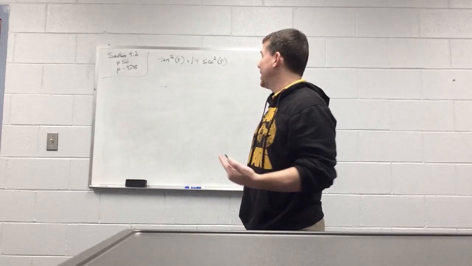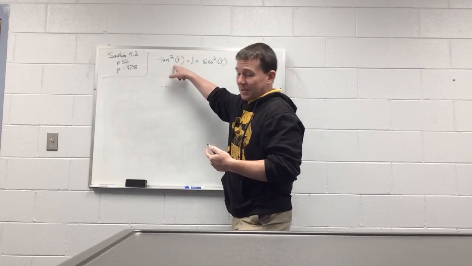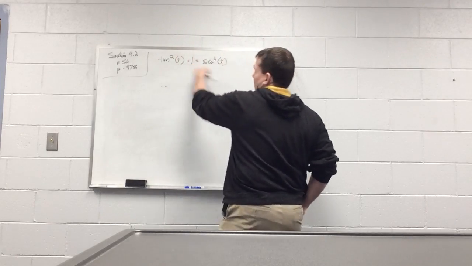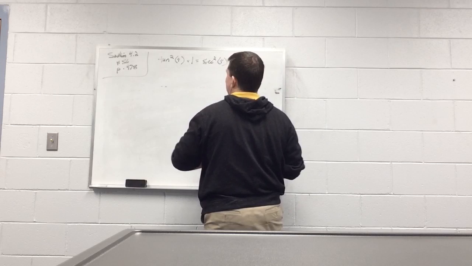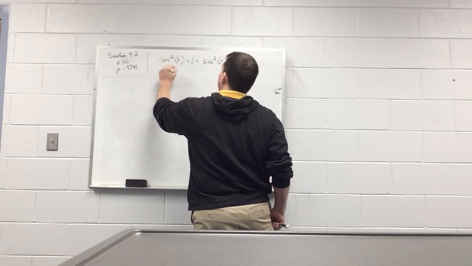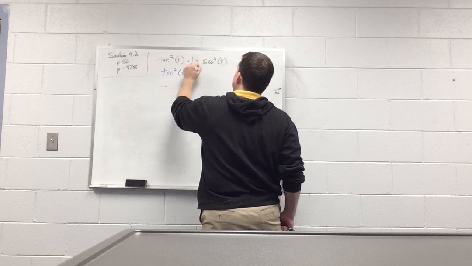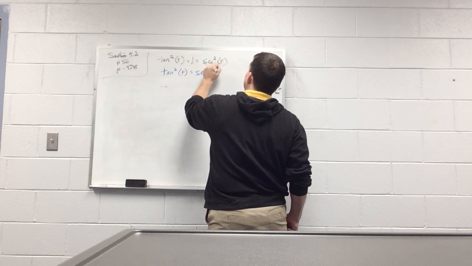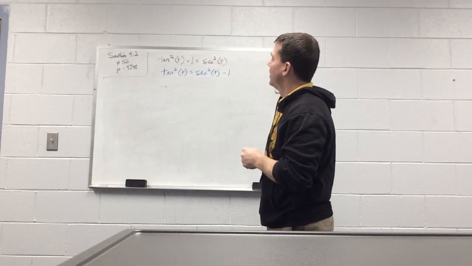So if I want to write tangent in terms of secant, just solve this for tangent. Subtract the 1, and we get tan squared t equals secant squared t minus 1.